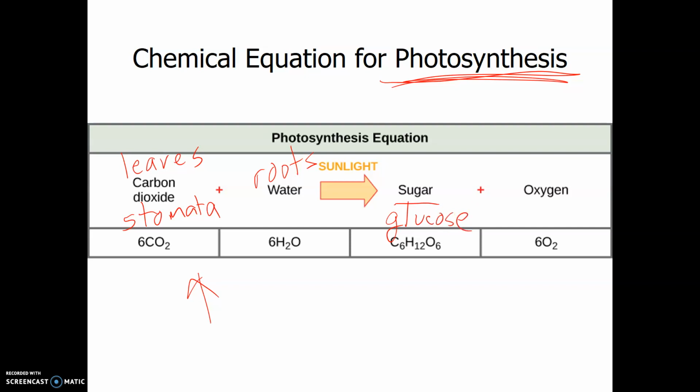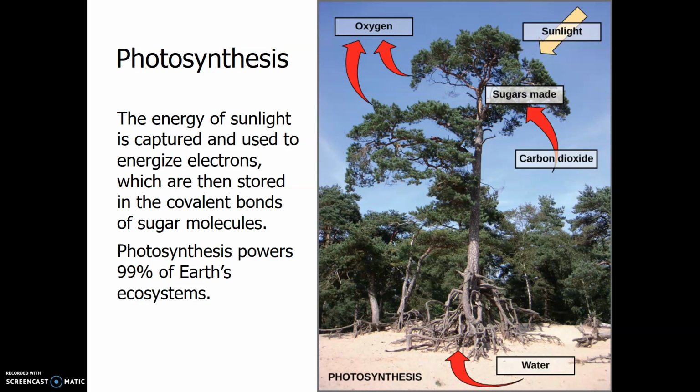We know that plants produce oxygen gas, and that's how we get the oxygen in the air that we breathe. The chemical formulas are 6CO2 plus 6H2O yields, in the presence of sunlight, C6H12O6 plus 6O2. So that is the overall equation for photosynthesis.